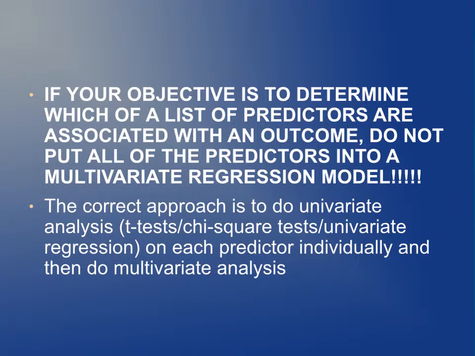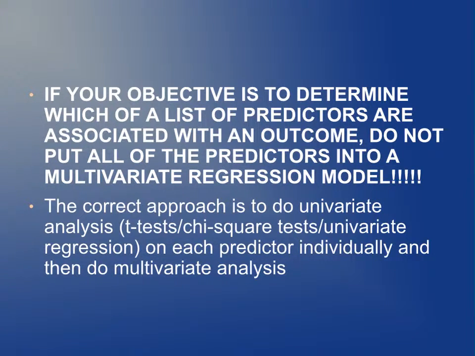If you have a list of possible predictors of an outcome and you want to say which predictors are associated with the outcome, you cannot just put them all into a big multivariate regression model and see which coefficients have a significant p-value. The multivariate regression model tests the null hypothesis: does x1 give you additional information about y given x2, x3, x4, and x5?